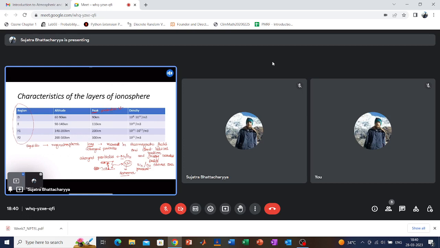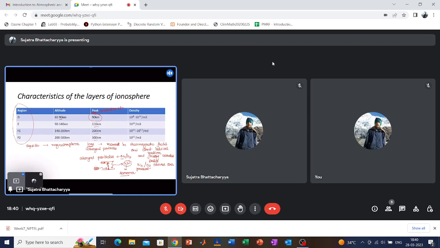This may be helpful if a question comes up asking for the peak production height of the D layer. For that you have to remember that it is 90 kilometers, just the end, then 110, then 200, then 300 kilometers. These are the peak production heights.